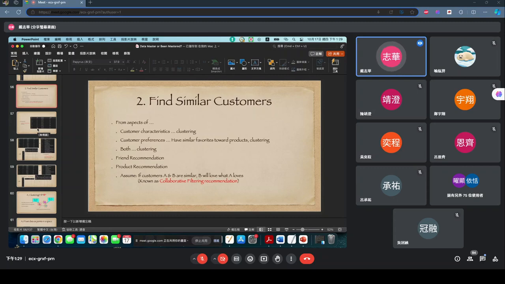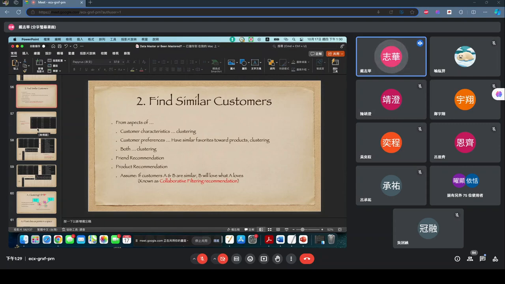When we look at the properties, or we say attributes, of a customer or a product, we could define how much they are similar to each other. So we could project the data as a point in a high dimensional space where each dimension stands for a corresponding attribute.